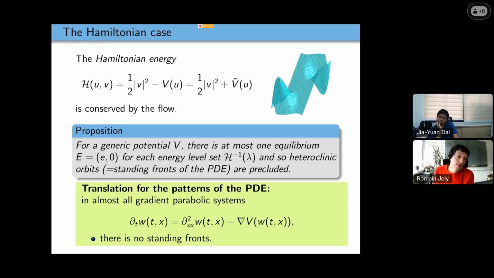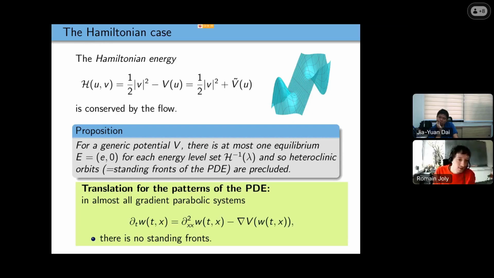Actually, it's very easy to see that if you take a random generic potential, you will never have two equilibrium points with the same energy. This means that it's never possible to have this kind of standing front, this kind of connection between two different equilibria, in the Hamiltonian case.